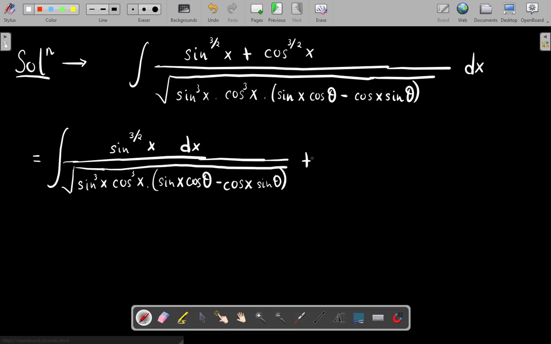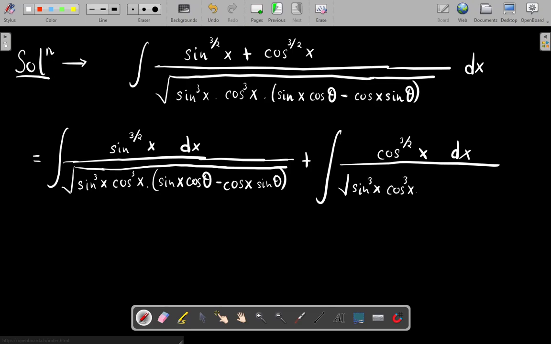Plus the integral of cos^(3/2) x dx upon the same denominator, sin^3 x cos^3 x times (sin x cos θ minus cos x sin θ).